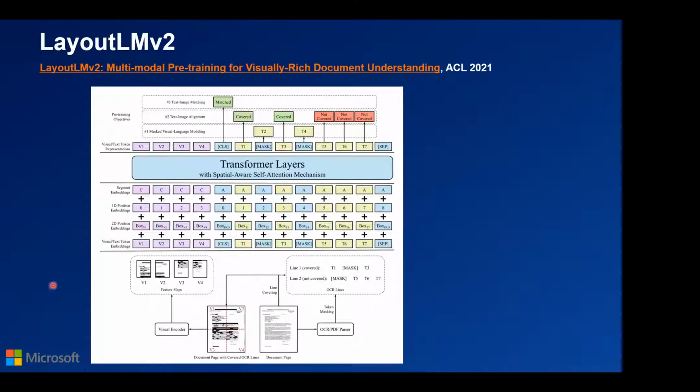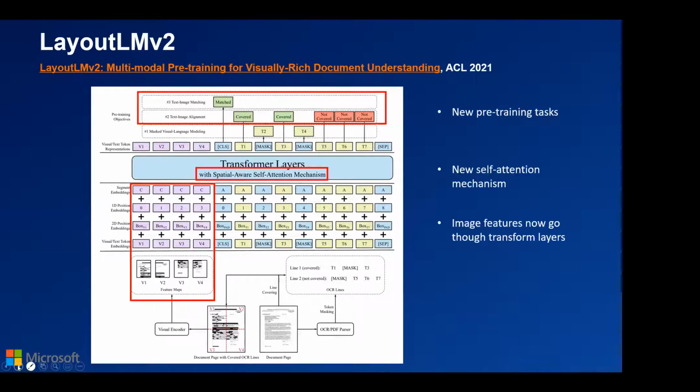Then in ACL 2021, this year, we published a work called LayoutLM v2 with a bunch of additional improvements. First, we have managed to embed the image features directly into the transformer layer, side by side with the text. You take a rendered image of the document, run it through a visual encoder like a ResNet, and then a pooling layer to get the feature maps, and these feature maps get directly embedded into the input for the transformer layer.